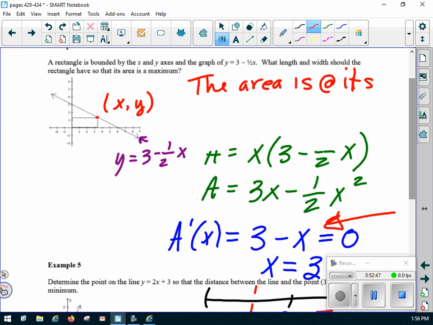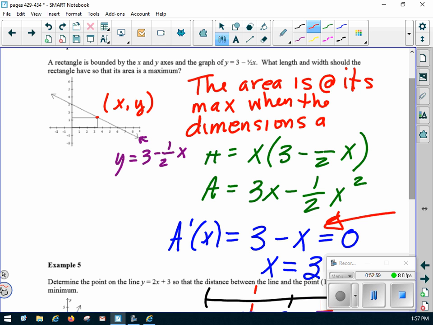The area is at its max when the dimensions are. Now, do we have a unit? The area is at its max. How about this?